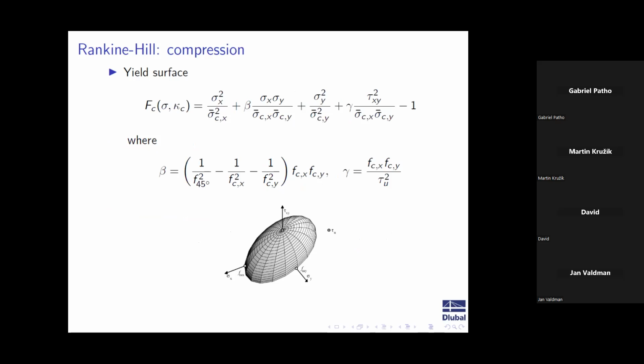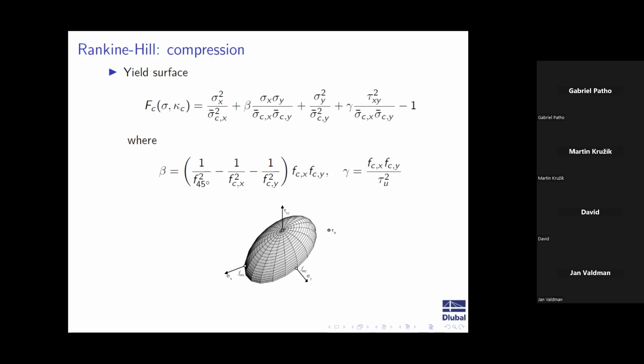Very analogously, I have here the expression for the compression side of the yield surface, which is a centered ellipsoid. It is basically a submodel of the more general Tsai-Wu yield criterion. Here again, I have two additional parameters, beta and gamma, which I need to define.